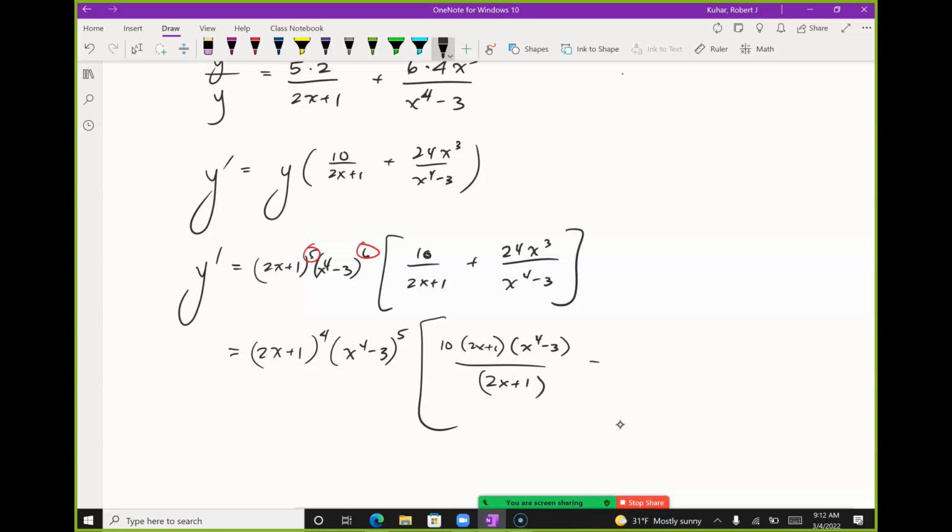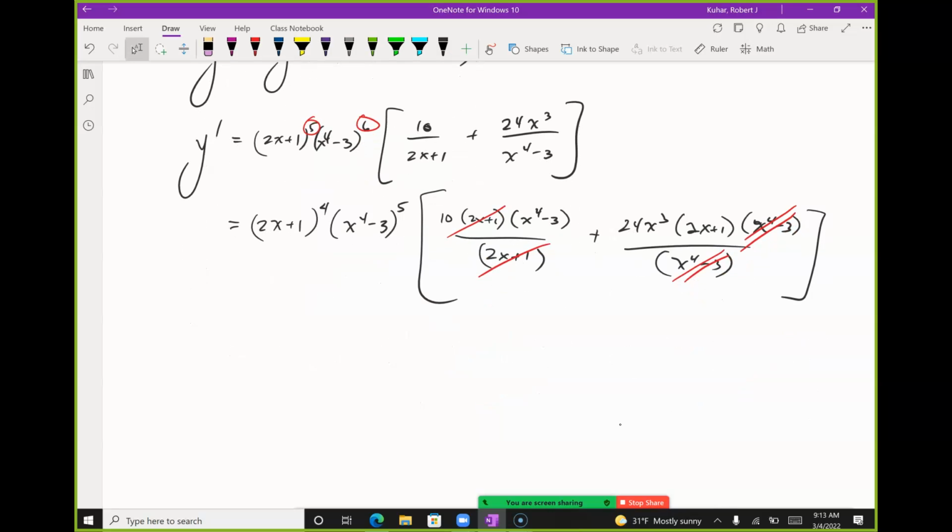And then I get 24x cubed times 2x plus 1 times x to the 4th minus 3 all over x to the 4th minus 3. So I can see one of those cancel here. That's a really cool way of solving it. It's a lot easier.